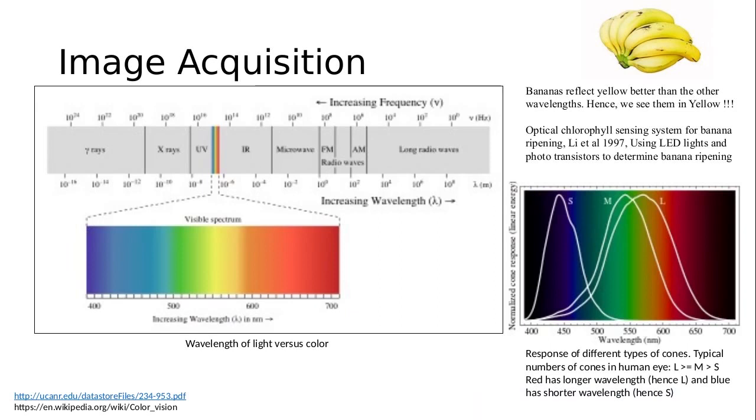But you have to remember one thing, human eyes are sensitive to a very narrow spectrum of light. Photons have a much larger range of wavelengths than what is visible to the human eye.